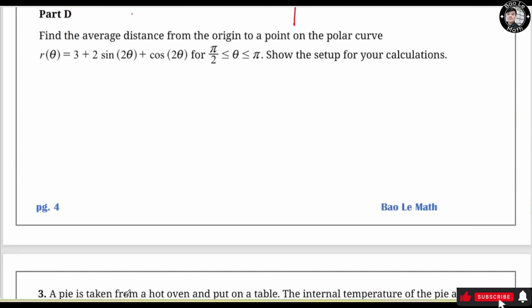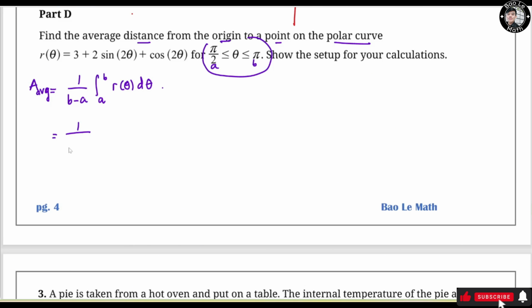Now question D. Find the average distance from the origin to a point on the polar curve. Alright, so we have the formula of the average value. The interval is right here, and this is a, this is b. So it's going to be 1 over pi minus pi over 2, integral from pi over 2 to pi of this r of theta.